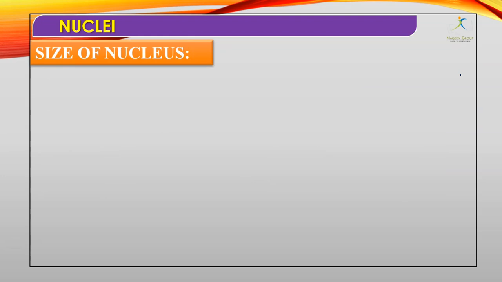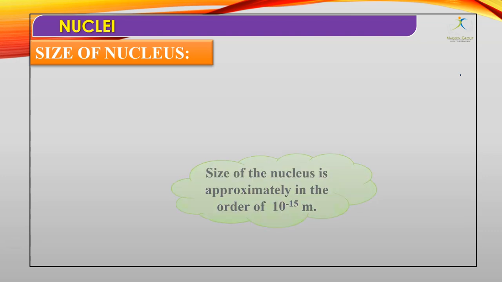Now, as we know from the Rutherford experiment, in the atom there will be a positively charged particle which we call the nucleus, and after the discovery we know that the nucleus has two things, proton and neutron. So the curiosity develops: can we tell the size of a nucleus?